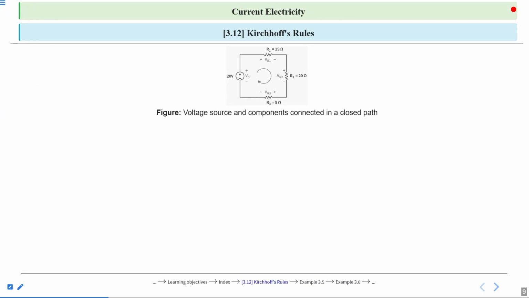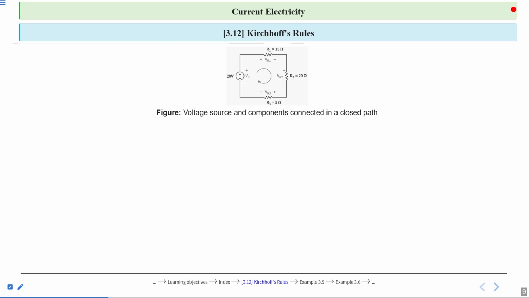So this is a diagram for this. You can see this is a closed loop, a closed path. Across this closed path, what components are connected? First is a battery of 20 volt, shown by plus, minus and Vs. And 3 resistors are connected in series across the closed path: R1 equal to 15 ohm, R2 equal to 20 ohm, R3 equal to 5 ohm.